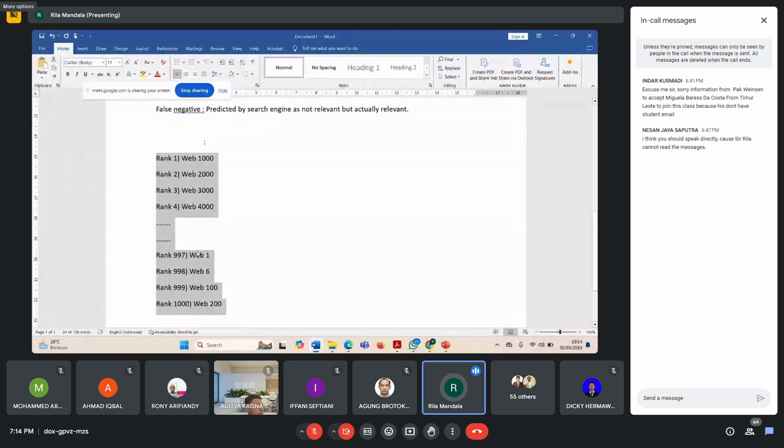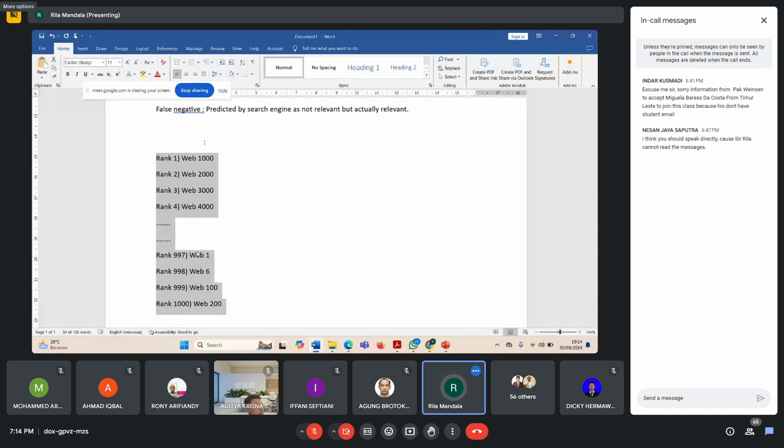So how many predicted not relevant? Zero, right? Search engine will never give you the not relevant document according to the search engine. Did any search engine do like that? No, right?